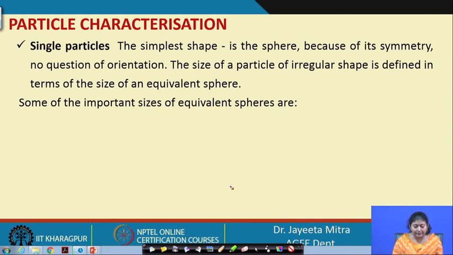So, the sphere is the most common shape we try to assume in this kind of bulk fluid material, and the size of a particle of irregular shape is defined in terms of the size of an equivalent sphere. So, whatever irregularities we find, as I mentioned, we relate them with the known regular shape, that is the sphere.